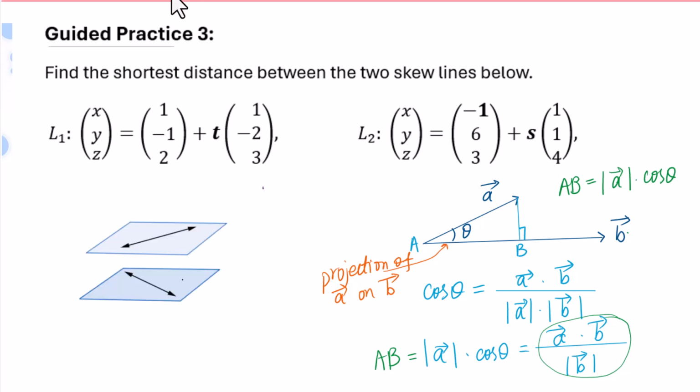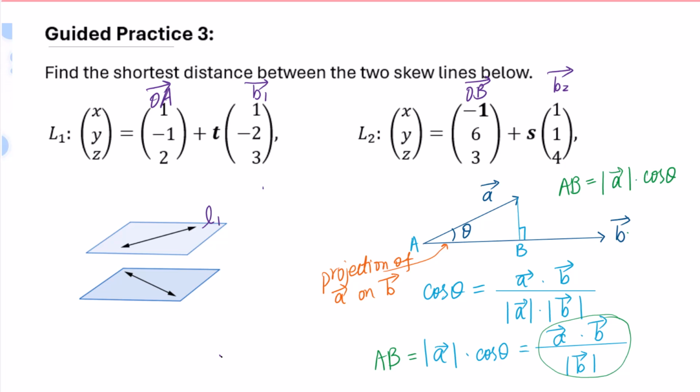Since L1 and L2 are two skew lines, they cannot be on the same plane. Label position vector OA, position vector OB, direction vector B1, direction vector B2.